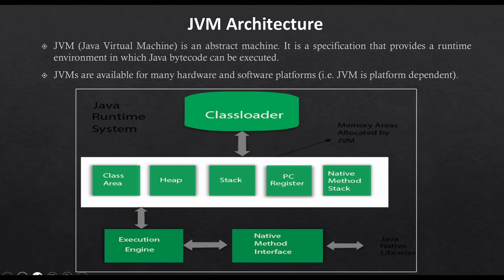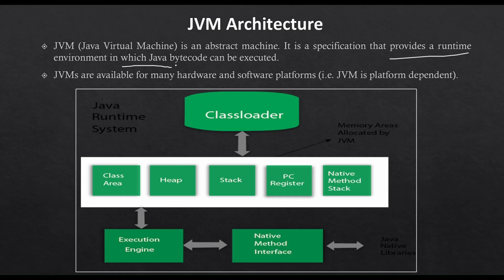To execute a Java program, the JVM is used. JVM has a set of structure and architecture. Basically, JVM is a machine that provides the runtime environment in which Java bytecode can be executed.